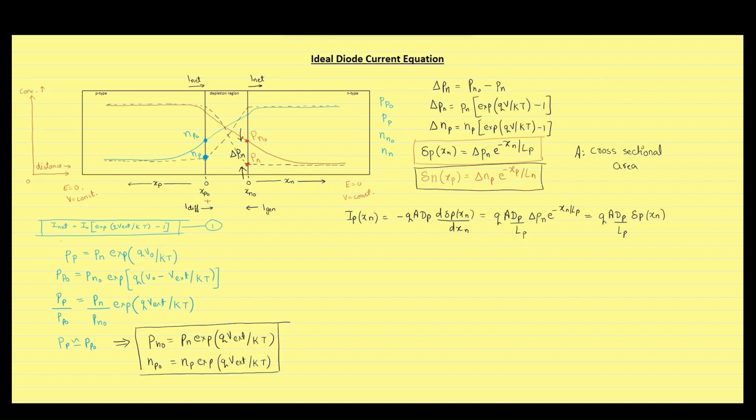This means that the hole diffusion current at every position xn is proportional to the excess hole concentration at that point. Now we will find the total current coming out of the depletion region into the n-type region by simply putting the value of xn equal to 0, which actually means that we are finding the value of current at xn naught.